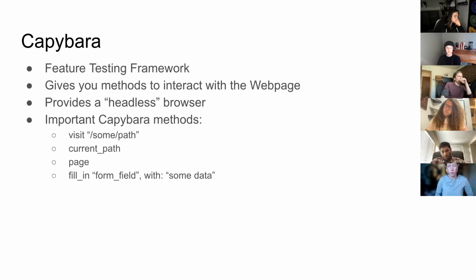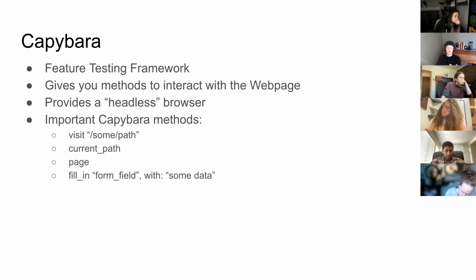There are methods for filling in fields with data. You can say fill in, and then you give it an argument of the name of the field you want to fill in, and then the second argument is a keyword argument with, and then whatever you're filling it in with. Also, don't feel like you need to necessarily memorize or write all these down.